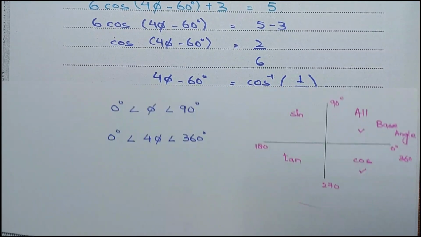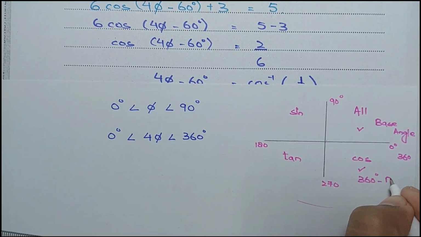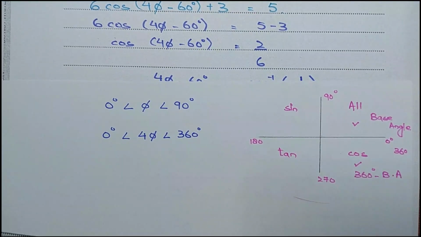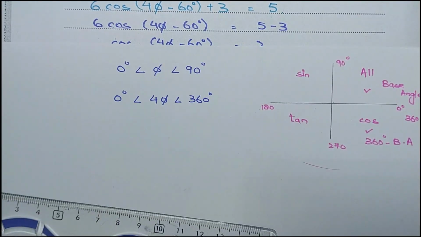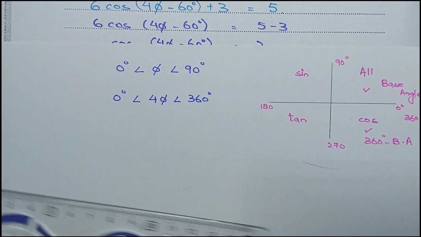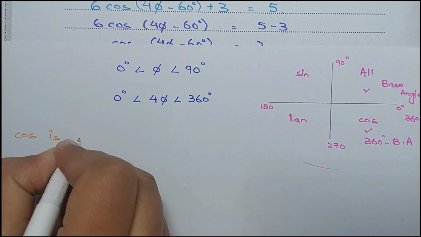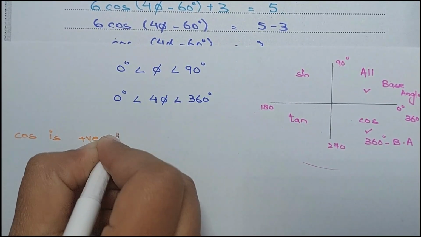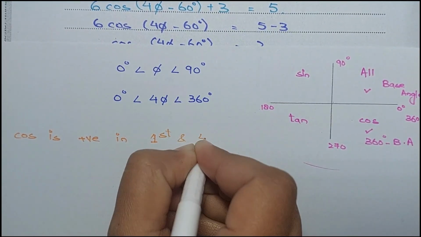And for the fourth quadrant we do 360 degree minus that base angle. BA is for the base angle. Now this equation tells us cos is positive, so we can say that cos is positive in the first and fourth quadrant.